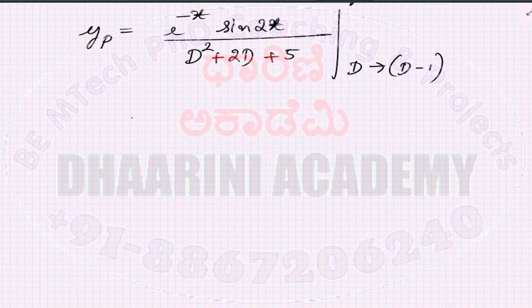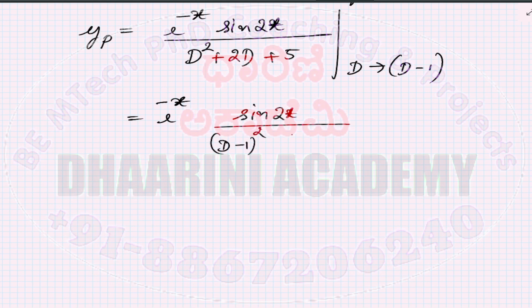So that gives e to the minus x, we'll keep it out, then sine 2x divided by D minus 1 the whole squared, plus 2 times D minus 1, plus 5.